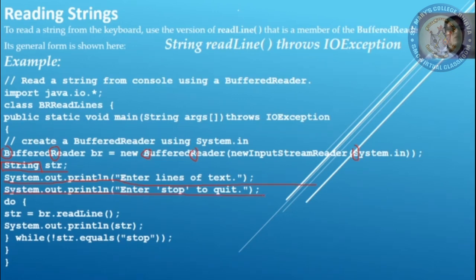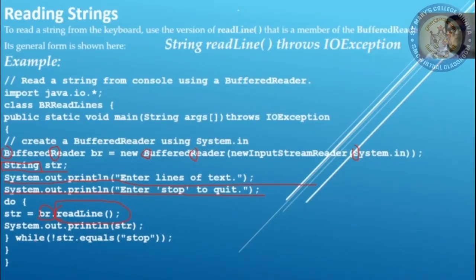Now I am writing the same do while loop statement. Here the br input object's readLine method reads a line of strings from the keyboard, and it is accessed through this object and stored in this variable. Now you are displaying that str.